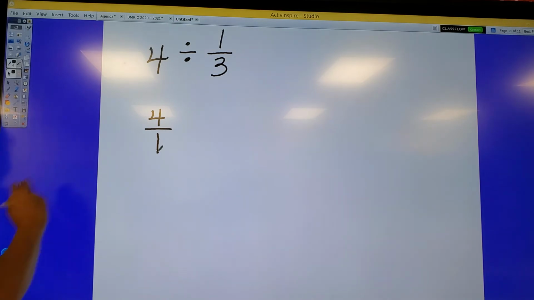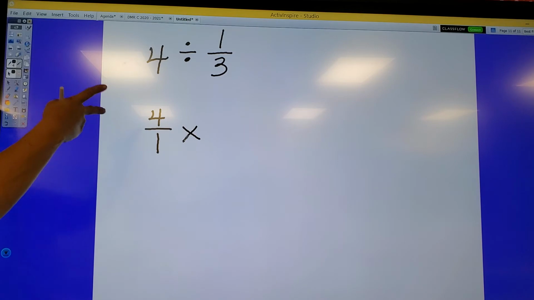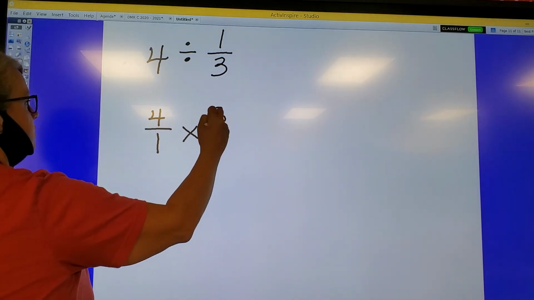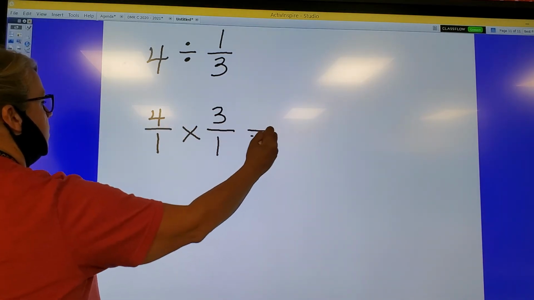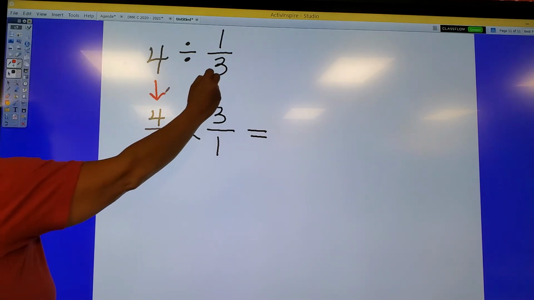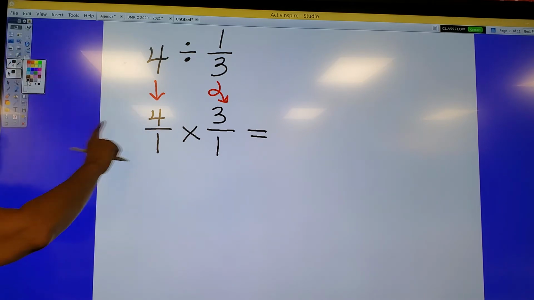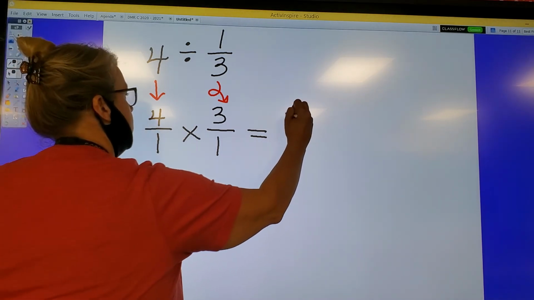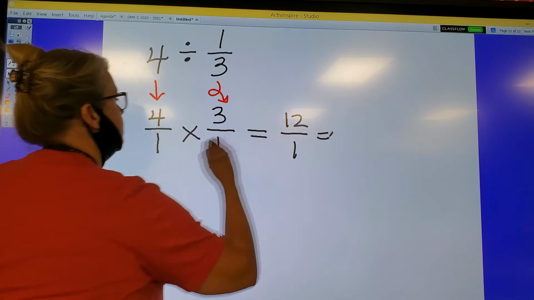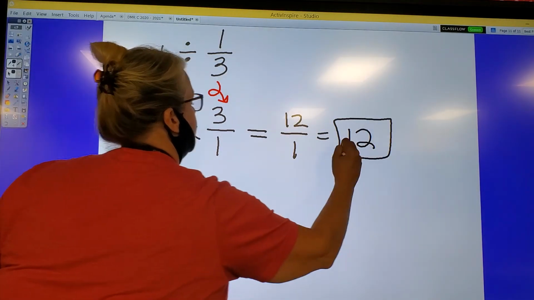My division becomes multiplication, and I flip my 1/3 to 3/1. Is there any cross reducing I can do here? No. So I can multiply straight across. 12/1, which equals 12. All right, any questions about that one?